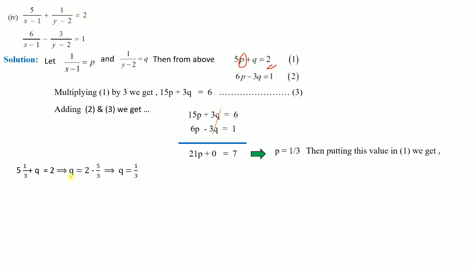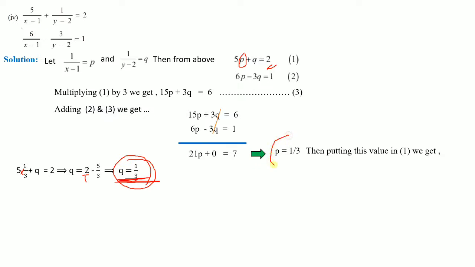So then this implies q is equal to 2 minus 5 into 1 upon 3. This is a multiplication sign, you should not take it as a mixed fraction. So 5 into 1 is 5 upon 3, so this will go 2 minus 5 upon 3. LCM 3: 6 minus 5 is 1. So we will have q is equal to 1 upon 3.